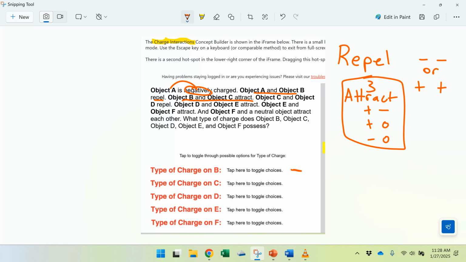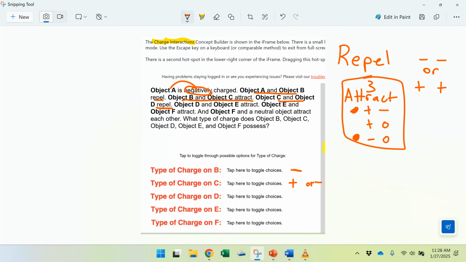And so you got to walk through the possibilities. And so what do we have that would attract a negative? So here's something that would attract a negative, and here's something that would attract a negative. So based on that information thus far, C could be positive or negative.